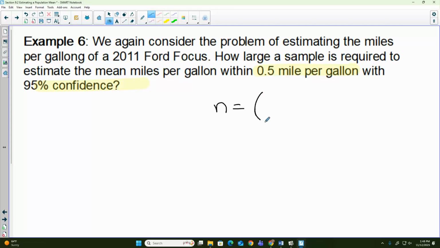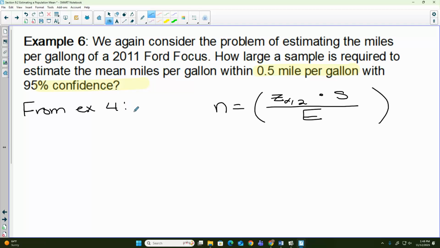So our formula, n is z alpha over 2, so again, that's just from this, times s divided by E, all squared. All right, we do have to have a sample for this. So from example 4, what was the standard deviation we had in example 4?